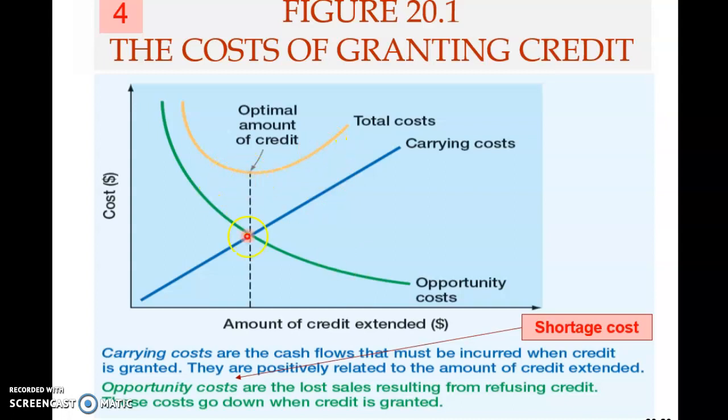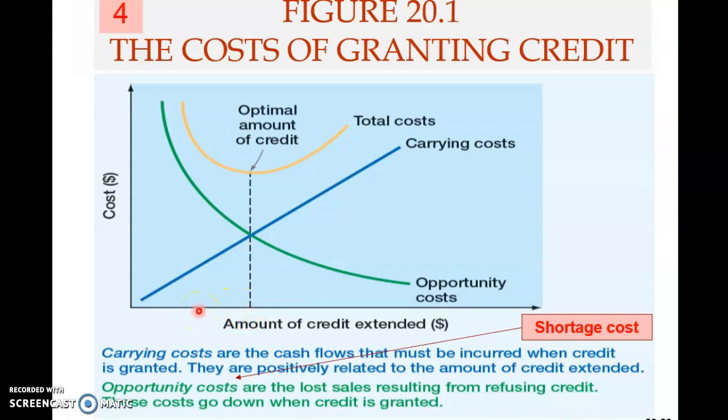But at this point, this total cost is minimized. At this point the carrying cost and the opportunity cost should be the same. They should intersect, and therefore the cost should be the same. That's the idea behind the optimal credit. So we should try to be here, not give too much and not give too little credit.